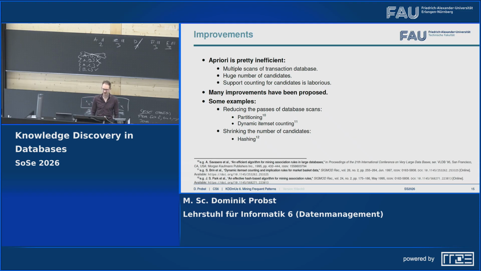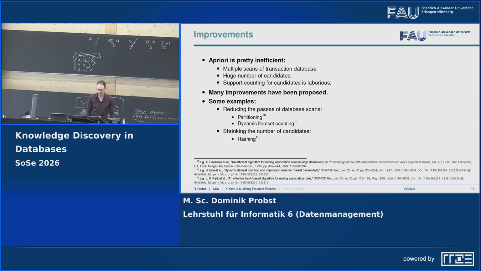There are many improvements that have been proposed to do that. For example, there are improvements to reduce the passes of database scans by doing partitioning or dynamic item set counting, or to shrink the number of candidates by hashing.